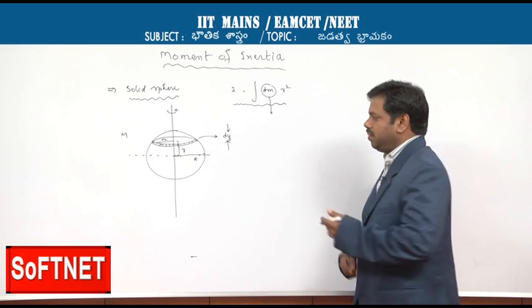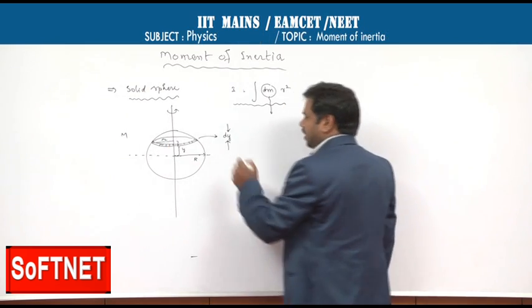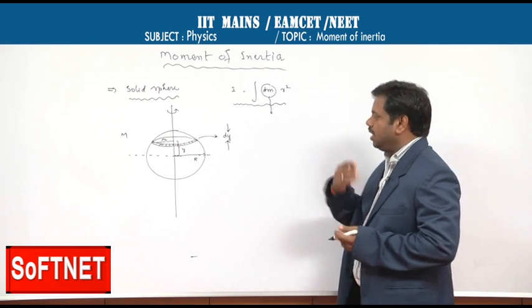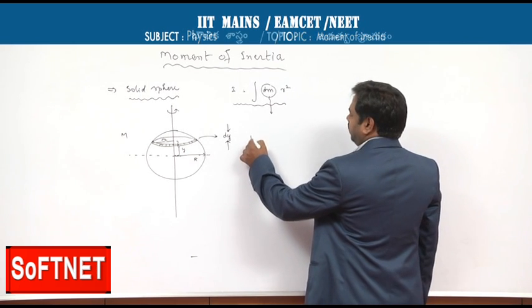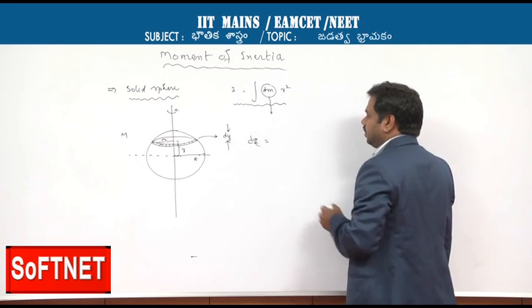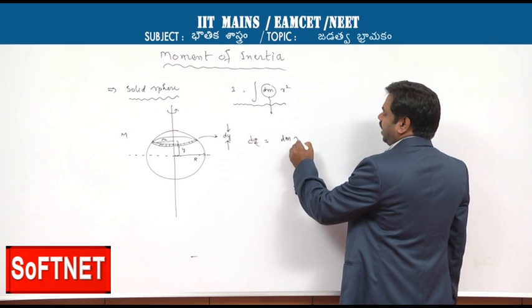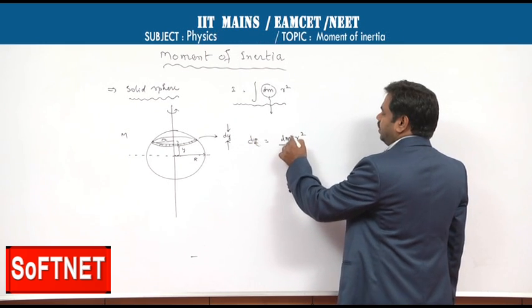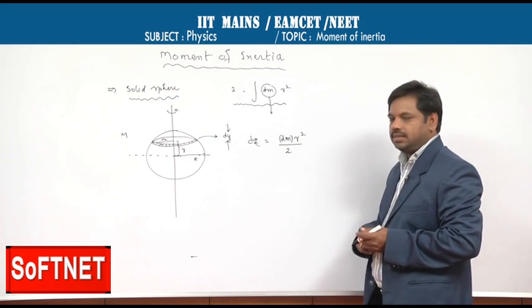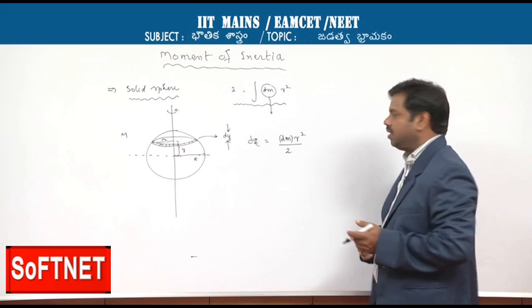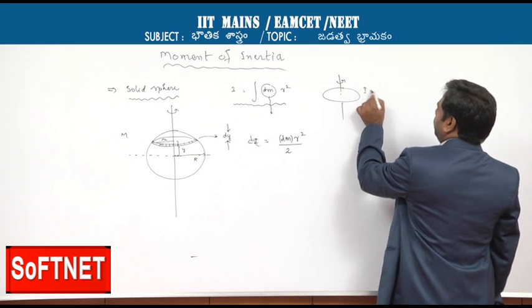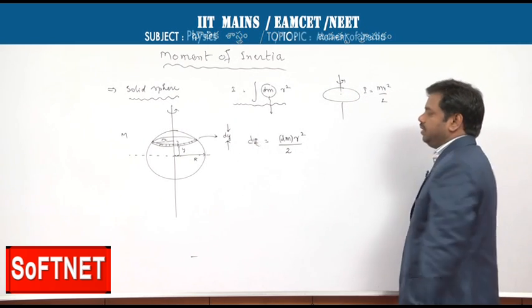Already we know the moment of inertia of the circular disk about its own axis, passing through the center and perpendicular to the plane: dI is equal to dm r square by 2, where dm is the mass of the disk and r is its radius. This is the formula we derived for the circular disk, I is equal to M r square by 2.